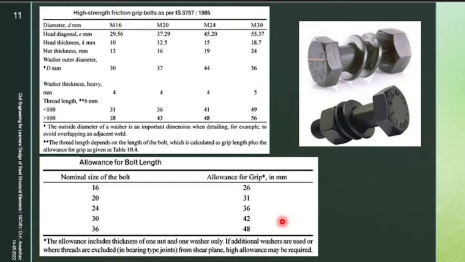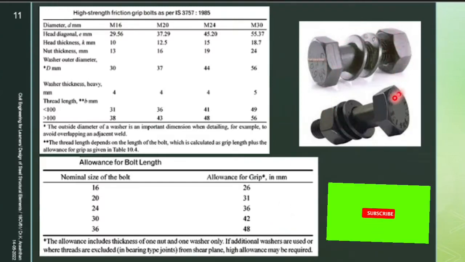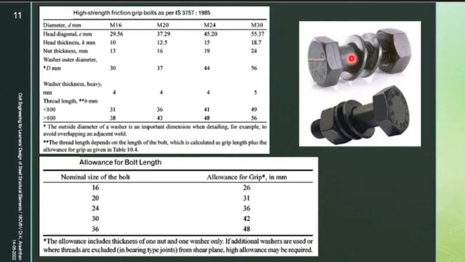Now, see, your high strength friction grip bolt will be like this. You have earlier seen the normal bolt. Now you find the difference in the high strength bolt. You will be having two washers, both at top and the bottom, and you will be having the nut.